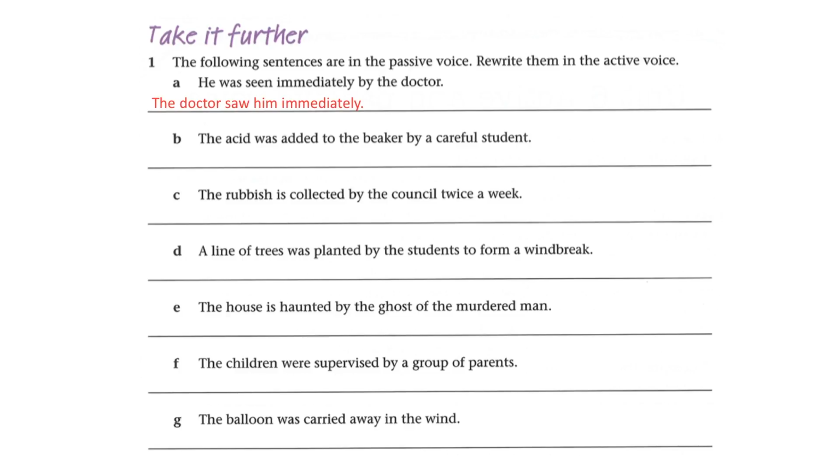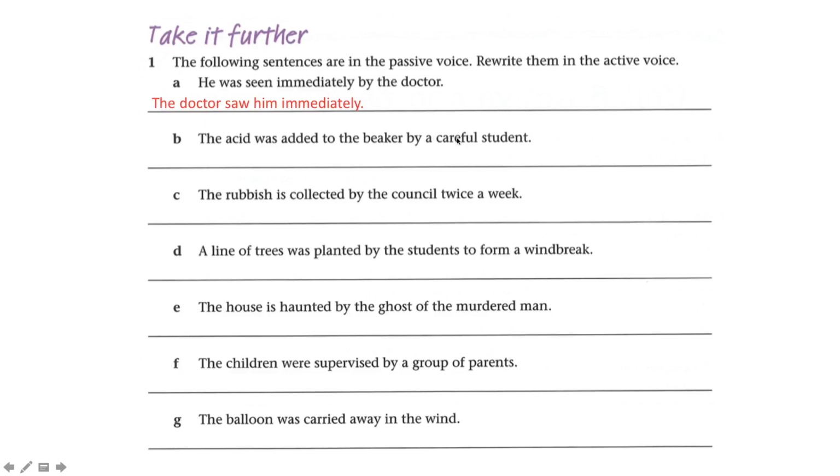So as you can see, what we've done is we have to shift. We have to find the verb in the sentence and make sure the doctor comes before the verb. So the doctor saw him immediately. Same for this next one. Let's see how this one works. The acid was added to the beaker by a careful student.